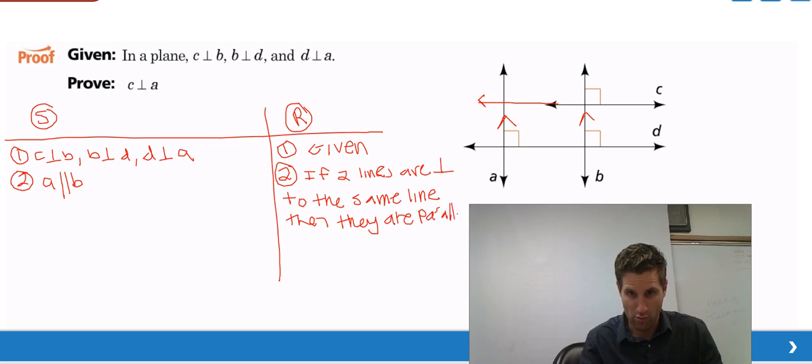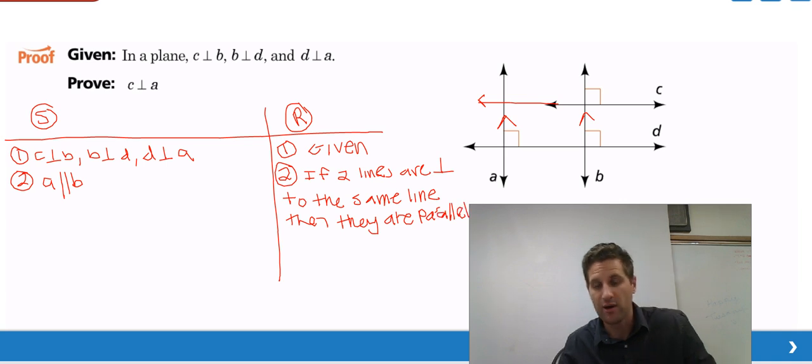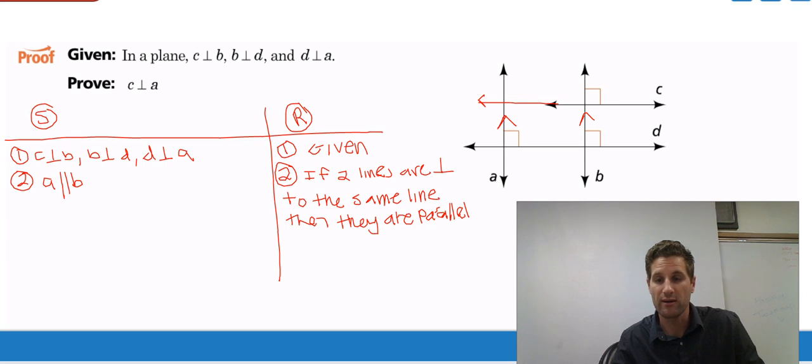That says parallel, sorry about that. So we do know these two are going to be parallel.